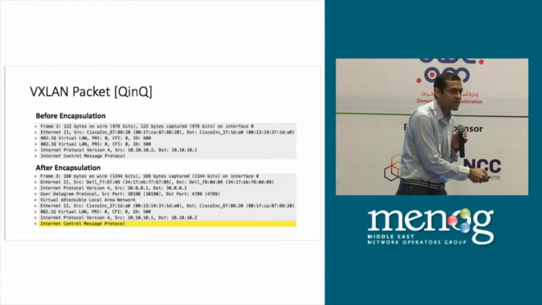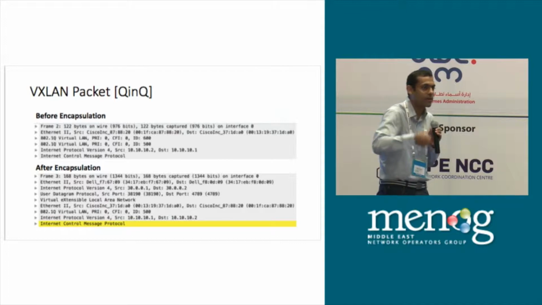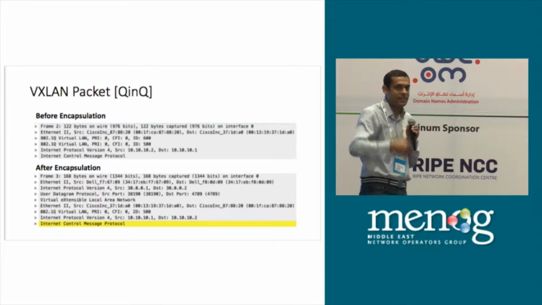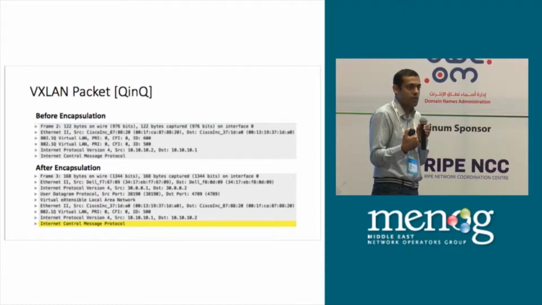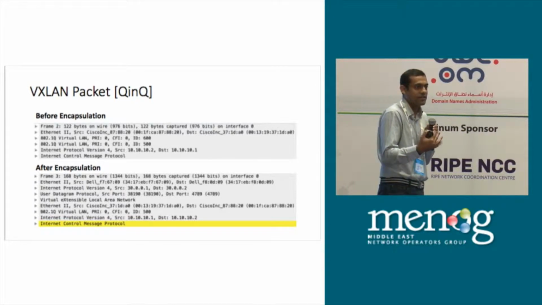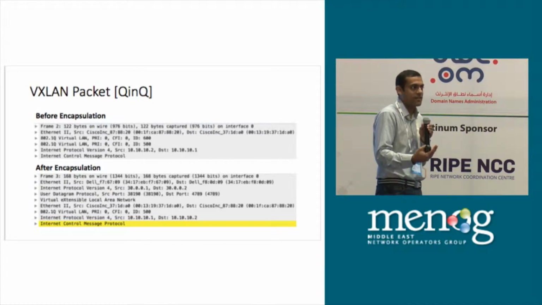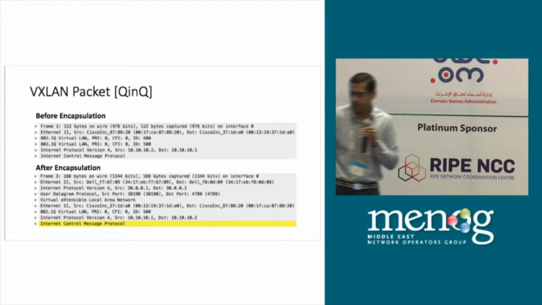There is no difference in that. So if you have 500, 400, 300, if you have multiple VLANs inside a Q&Q packet, they remain as they are, untouched. And you can send as many VLANs as you like over a layer 3 segment.